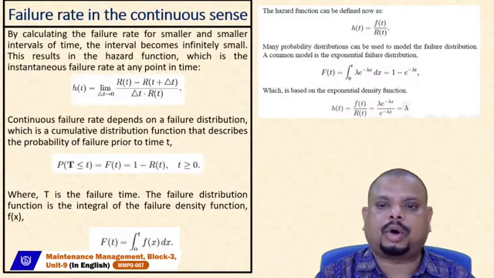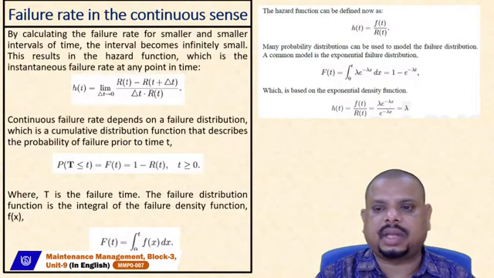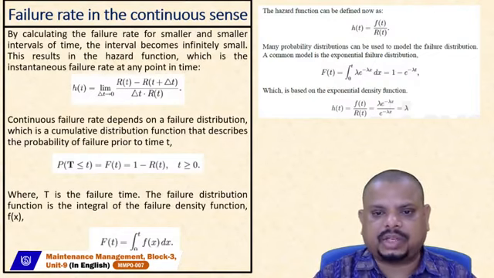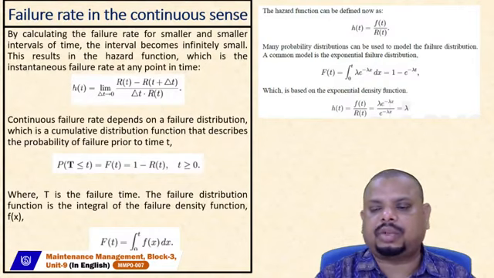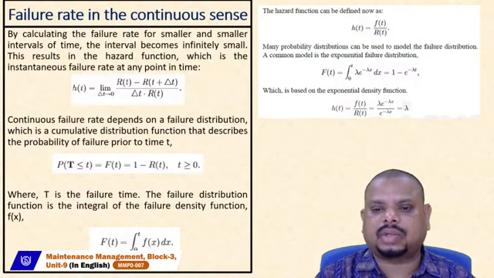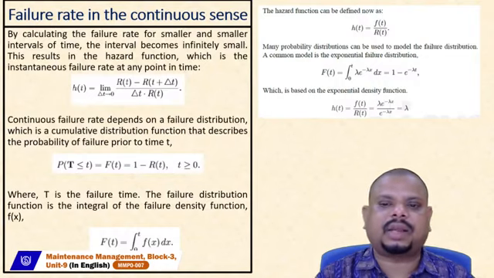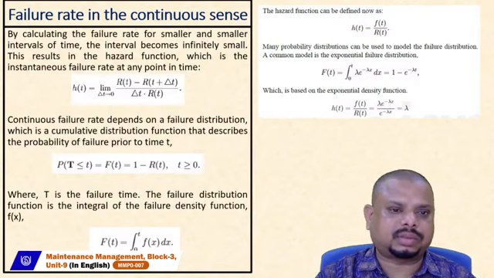So this is the common model for the exponential failure distribution, which is equation 5 for the continuous case of failure rates. Based upon the exponential density function, h(t), that is f(t) divided by R(t), equals lambda e to the power minus lambda t divided by e to the power minus lambda t, so that equals lambda. So here the exponential hazard function equals the failure rate, which is denoted as lambda. This is equation number 6.